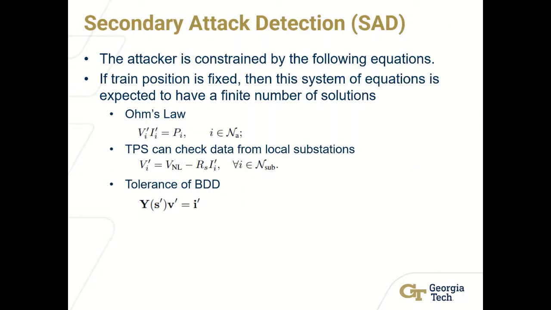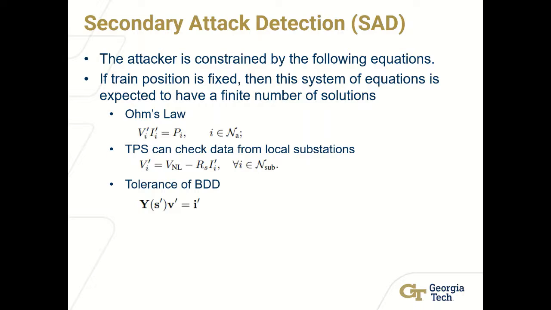Secondary attack detection can also be represented by a system of equations to constrain the attack. If train position is fixed, then the system of equations is expected to have a finite number of solutions because there are two variables to solve for and three equations. The first equation in the secondary attack detection is Ohm's law, that is the voltage times current equals power. We've looked at that extensively throughout this discussion.